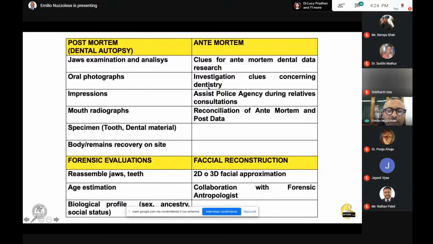Let's imagine we have a DVI scenario with multiple nationalities, with multiple national casualties. We are receiving AM data from other countries in other languages, copies of dental forms written by dentists of other nationalities, English, French, German, Indonesian, whatever. And we need to translate this antemortem information into unique information that can be written in the Interpol forms.